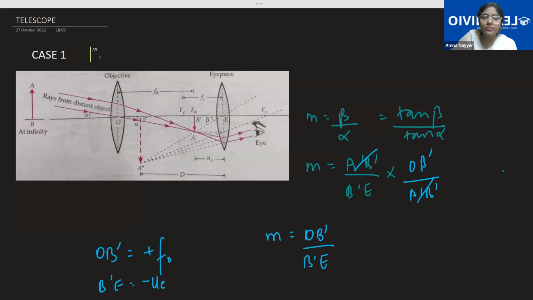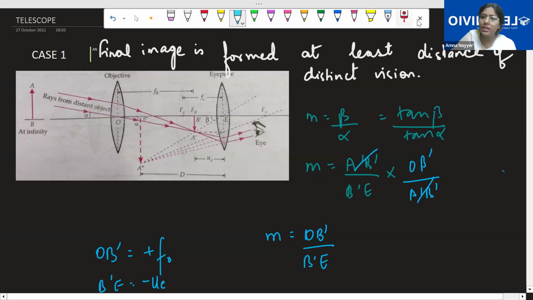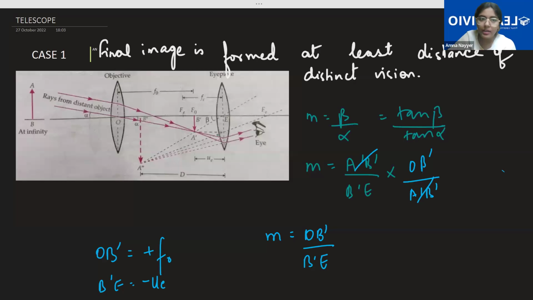Case one will be that the final image is formed at the least distance of distinct vision, which means finally the image is formed at capital D. Now the object is very huge, so we'll have the objective lens aperture greater. The eyepiece will be smaller this time.